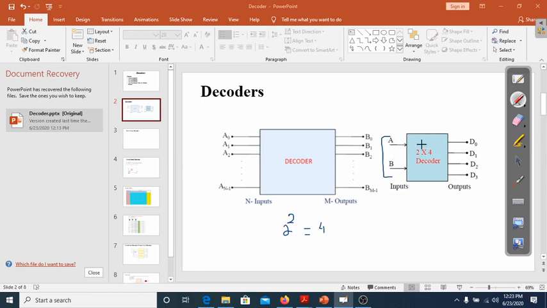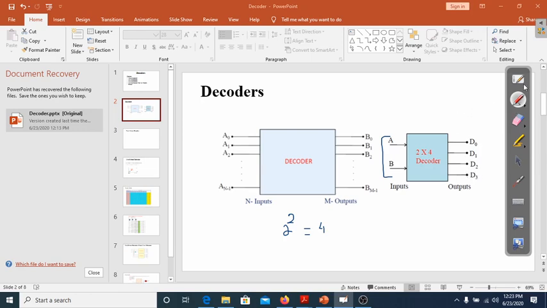Okay, corresponding to 0 0, when the combination is 0 0, the output would be D0. For 1 0, the output would be D1. For 0 1, the output would be D2. For 1 1, the output would be D3.